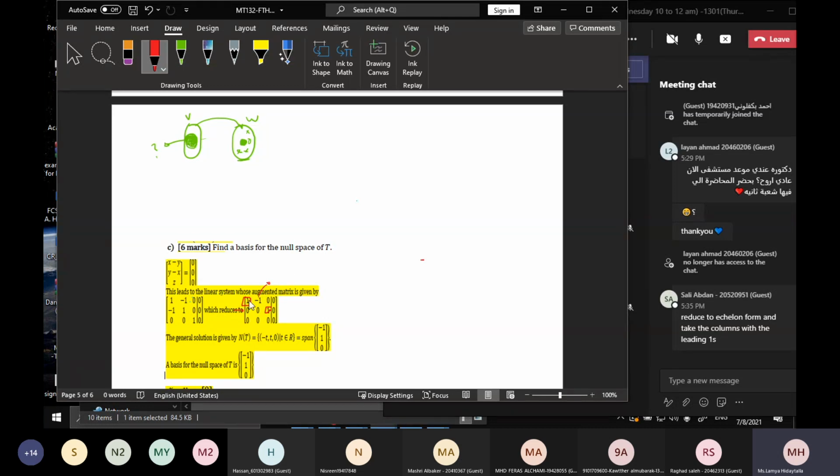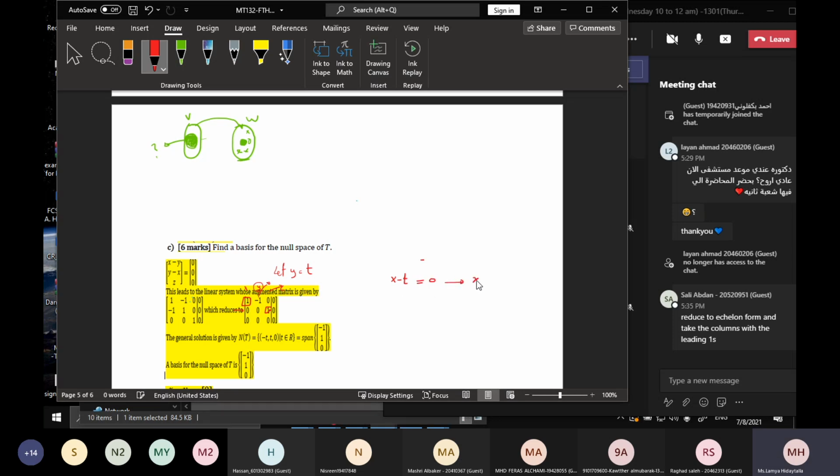So if we get 2 leading ones, we get infinitely many solutions. This one corresponds to x, this one corresponds to y, and this one corresponds to z. The one that has no leading one is y, so we let y equal t and then solve. Correct? So y equals t, then we have x minus t plus 0z equals 0.